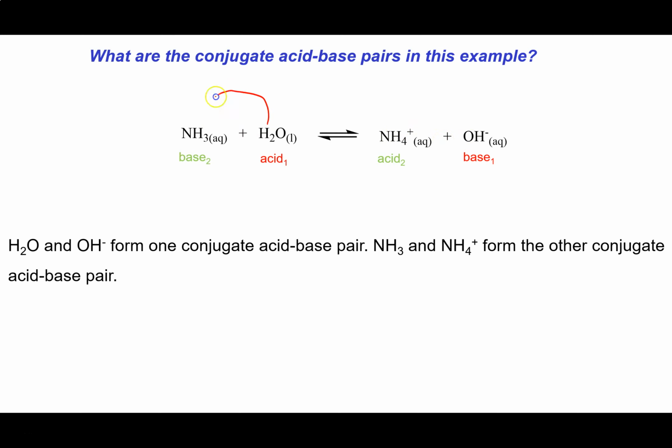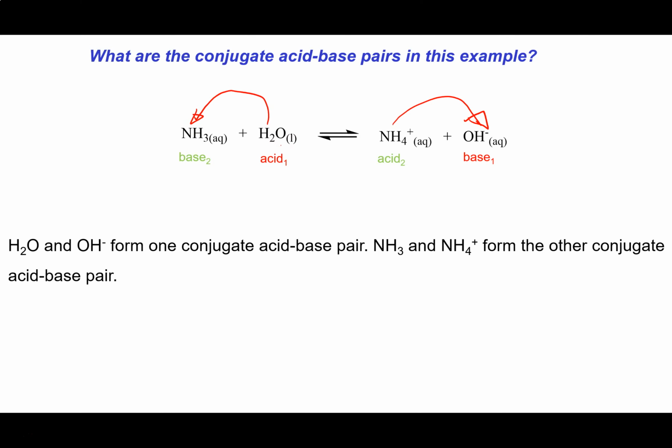So we can see that water donates a proton to the ammonia. It's the acid. That's what's happening in the forward reaction. In the reverse reaction, the ammonium ion is donating a proton to the hydroxide ion to form the water and the ammonia molecule.